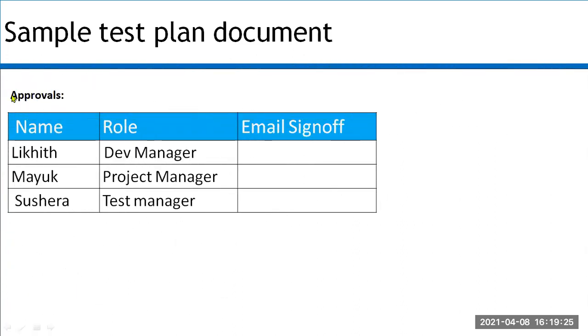Next one is approvals. Once test plan document preparation is done, then we are going to take a review with our test manager, and take the email sign off from him. We need to get the approval from him.